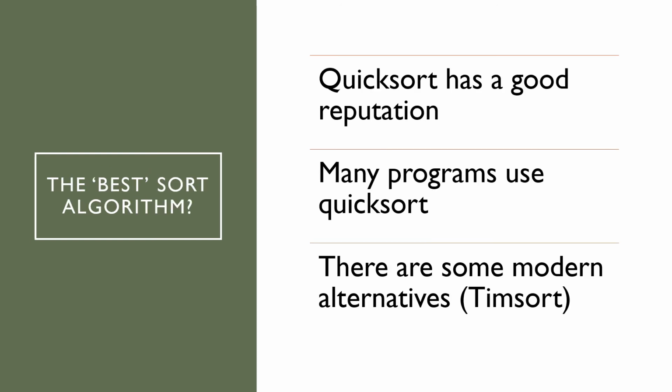It's got a good reputation with a lot of programmers, and many programmers use quicksort. And there are some modern improved alternatives, such as Tim sort. They're not part of the course, but you will find programmers using quicksort as part of other routines.